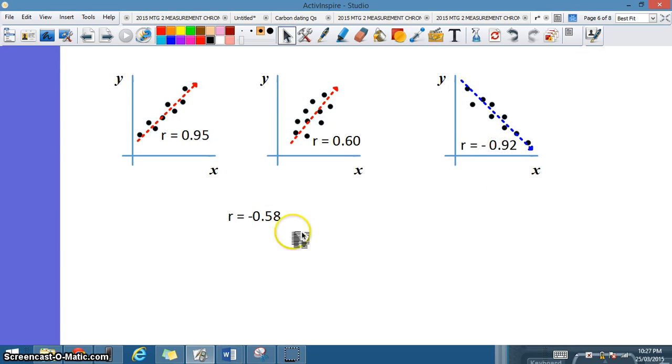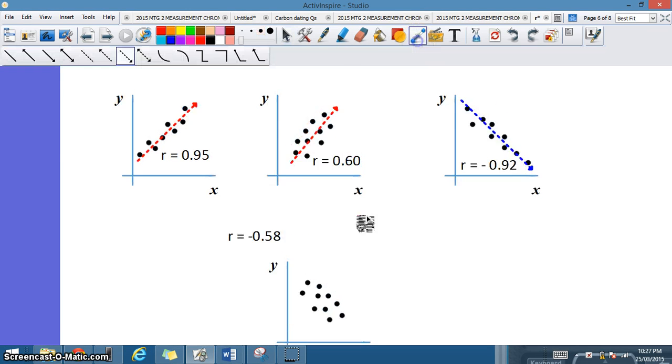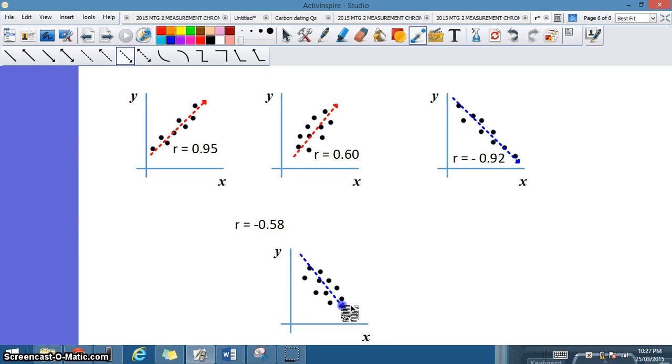This other R value indicates moderate negative correlation, which would fit a plot like this one here. So we see the data points going in the negative direction, but not following a line all that closely, but still showing some strength to the relationship.